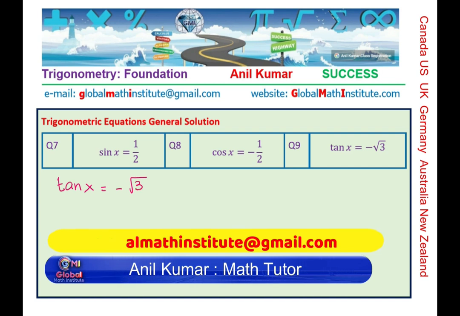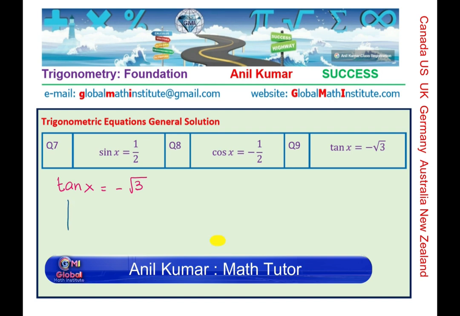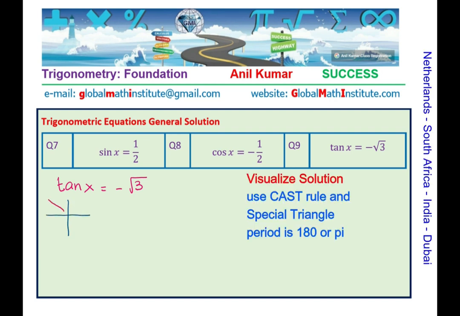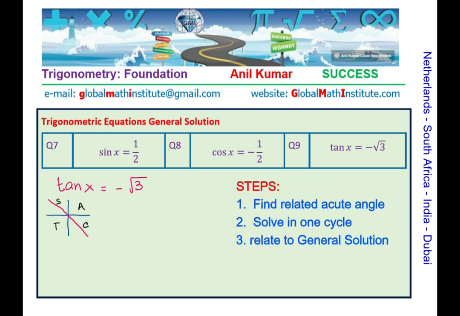So, tan is negative in which quadrants? Tan is negative in these quadrants, correct? You can use the CAST rule. So we know the CAST rule. We know tan is positive in quadrants 1 and 3, but negative in 2 and 4. So we'll find tan alpha equals square root 3.